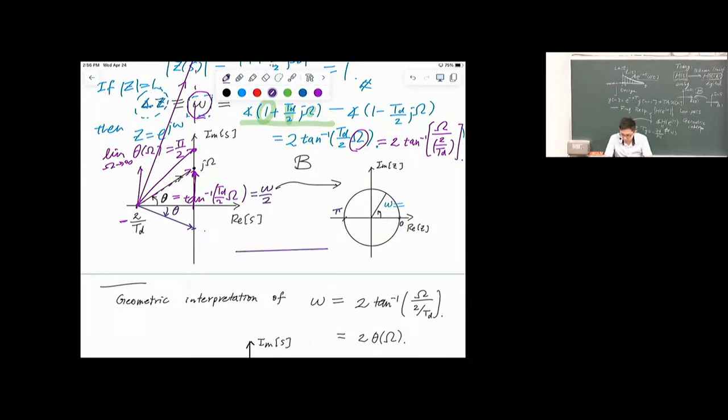So now we can finally plot small omega in terms of big omega. It approaches plus pi as big omega approaches infinity. It's a 2 times arctangent function, it goes this way, and symmetrically in the negative part.